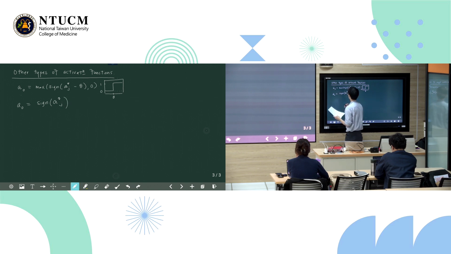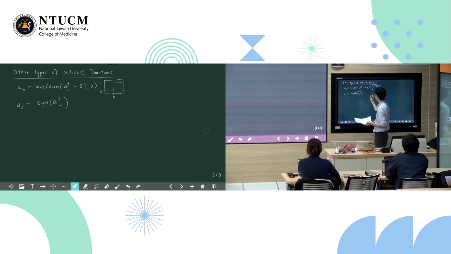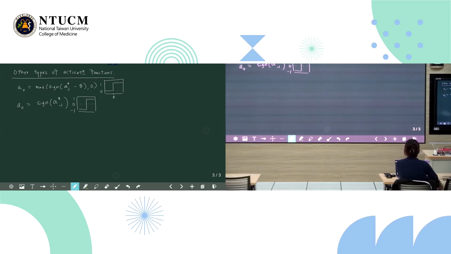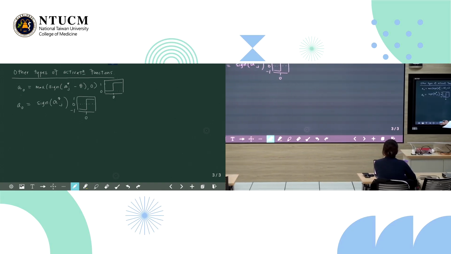Actually, then you don't need a theta. Because if it's the sign, then it also looks like this. So it's 1, but then it's minus 1. This is 0. Okay? And theta is 0.